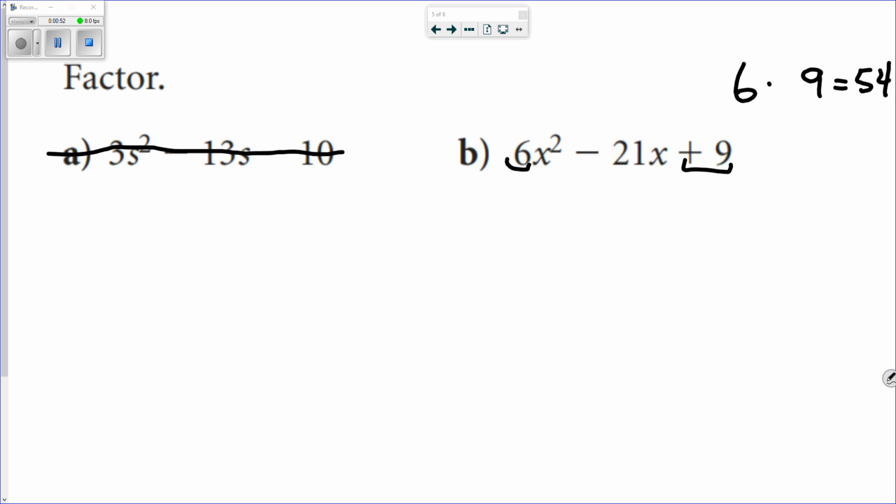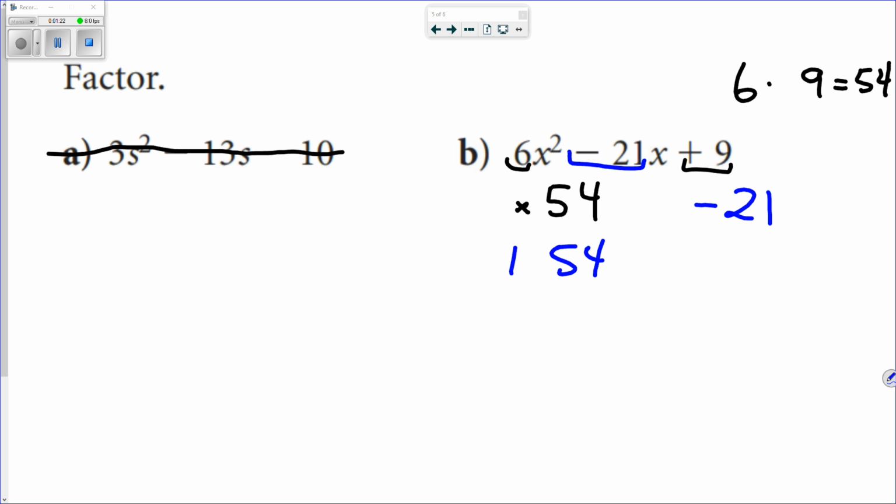So we need to find two numbers that multiply to 54 and add to -21. So we take a look, we factor out our 54. 1 and 54.